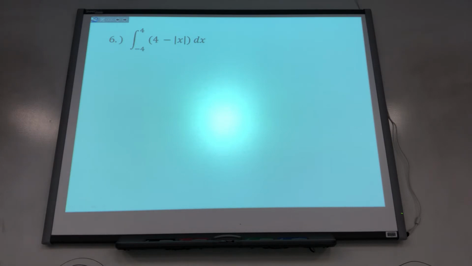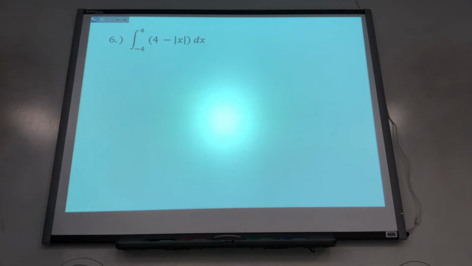It's the integral from -4 to +4 of 4 minus the absolute value of x with respect to x. I don't have any of these with respect to y. I don't think you'll see any like that in the homework.